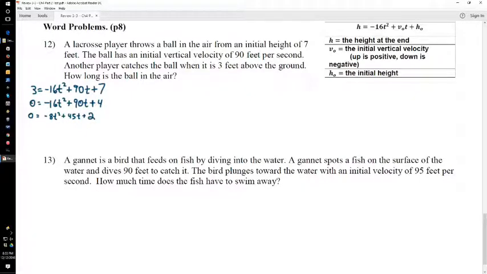Alright, so your initial equation is negative b plus or minus the square root of b squared minus 4ac, all over 2a. So t equals negative 45 plus or minus the square root of 45 squared minus 4 times negative 8 times 2, all over 2 times negative 8, which is negative 16.